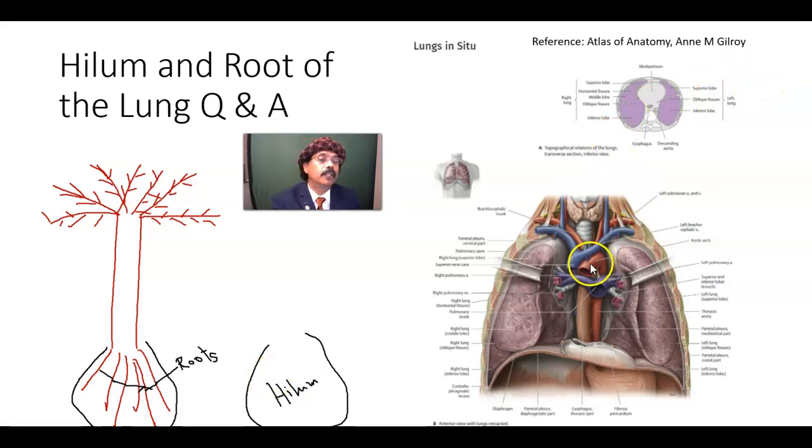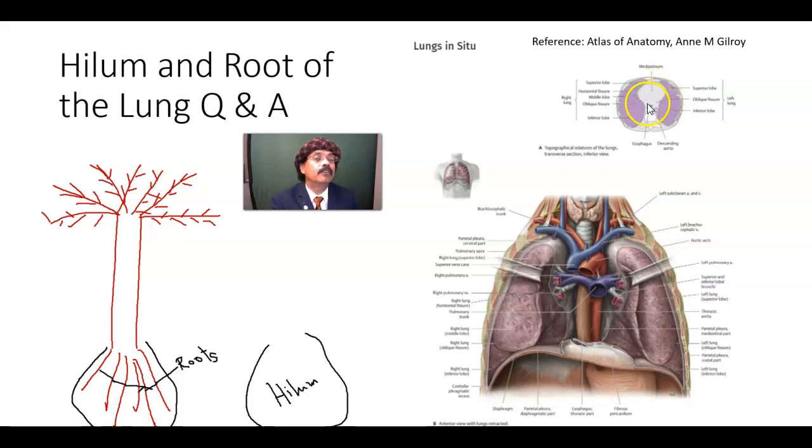So we look at that. What is this? The mediastinum, which is located between the lungs. This is one lung. Okay, the left lung here, the right lung here. In between the lungs, we have a group of structures. We call them the mediastinum. Lungs are not part of the mediastinum, but we have the heart here, the pericardium here.